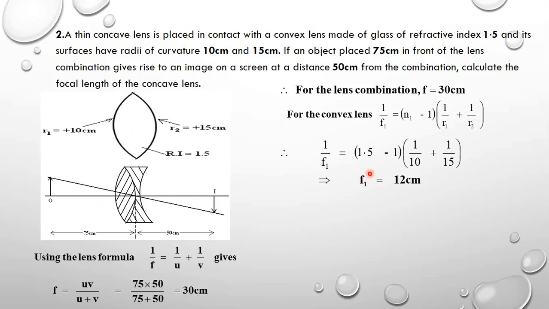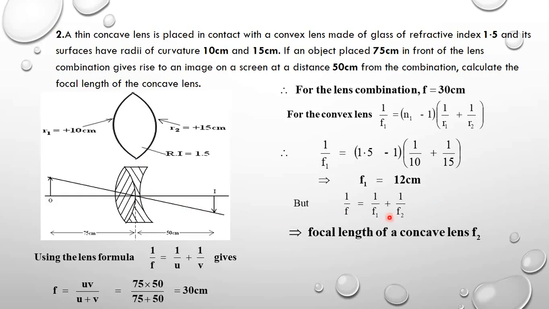Now we have the focal length of the convex lens, we have the focal length of the combination, so we can get the focal length of the concave lens using the combination formula 1 over F is equal to 1 over F1 plus 1 over F2, where F2 is the focal length of the concave lens. And we shall make F2 the subject.